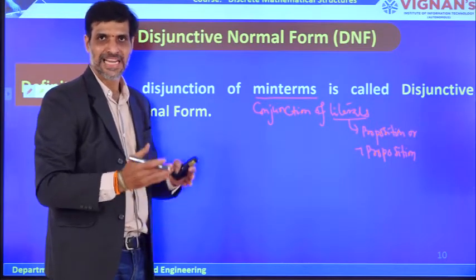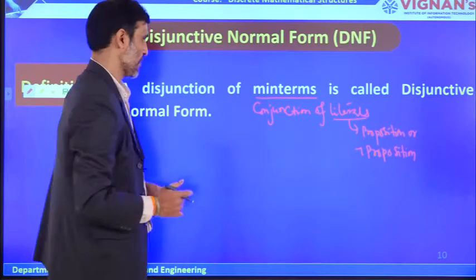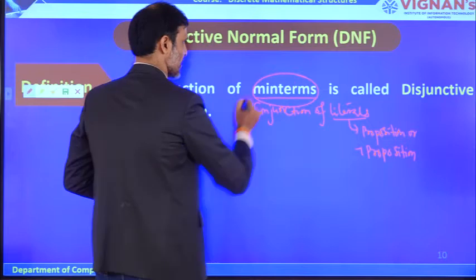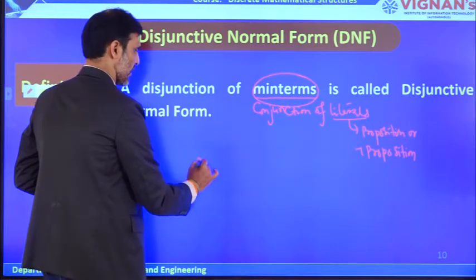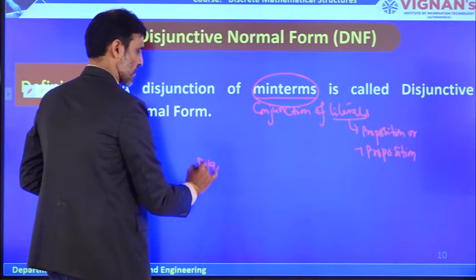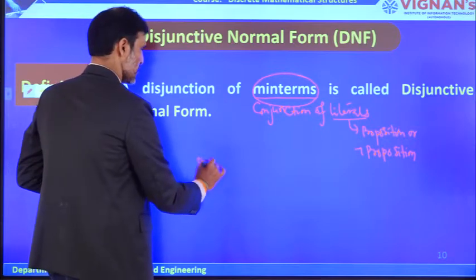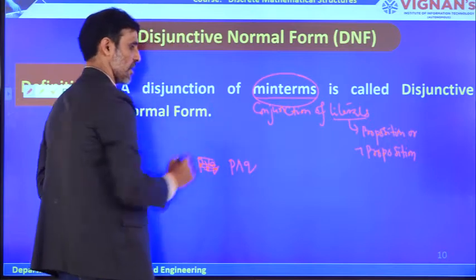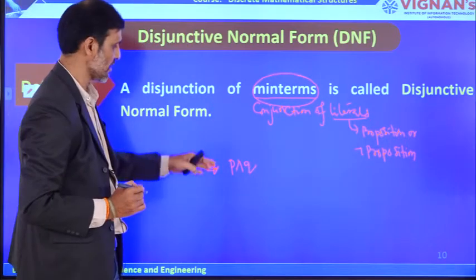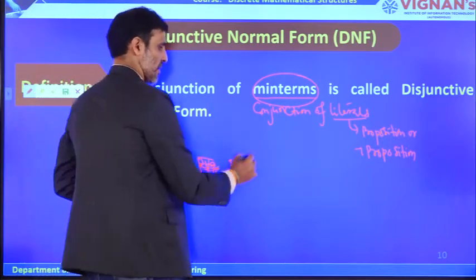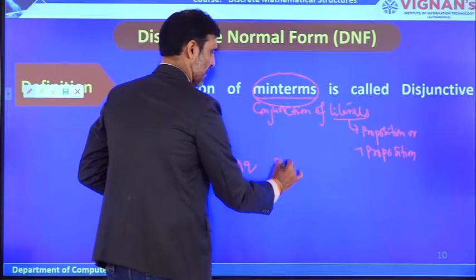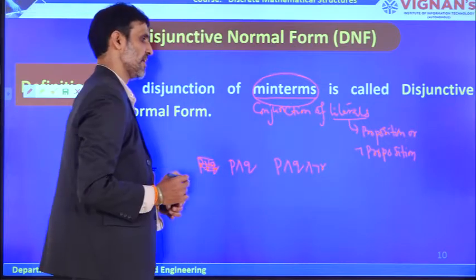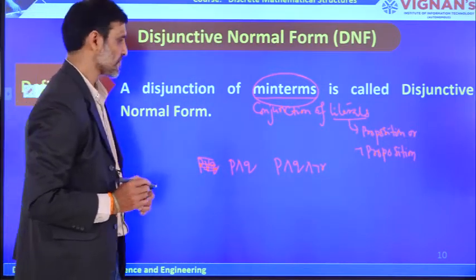Disjunction of conjunction of literals means what? First you have to take the minterms. I am taking the minterms like this: P and Q. This is one minterm. If you take P and Q and negation R, if there are three variables, then it is another minterm.